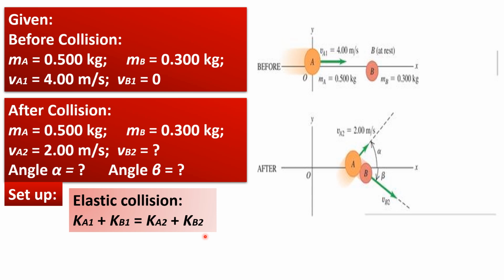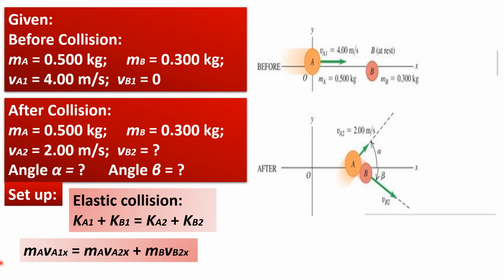And the law of conservation of momentum is also applied here, but since this involves a two-dimensional collision, the law of conservation of momentum is expressed in terms of the x component of the momentum as well as the y component of the momentum. So for the x component, we have here the equation m sub A multiplied by v sub A1x.